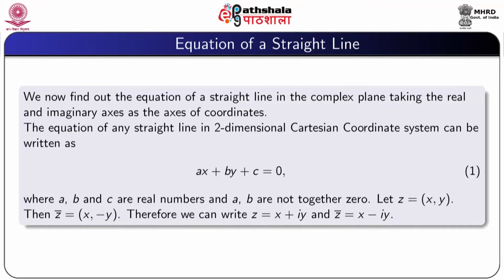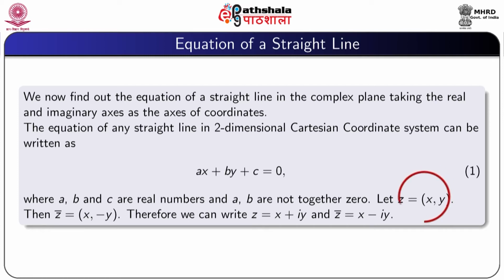We first find out the equation of a straight line in complex plane. We take the real and imaginary axis as the axis of coordinates. We know the equation of any straight line in two-dimensional rectangular Cartesian coordinate system can be written as ax plus by plus c equal to 0, where a, b and c are real numbers, a and b are not together 0.